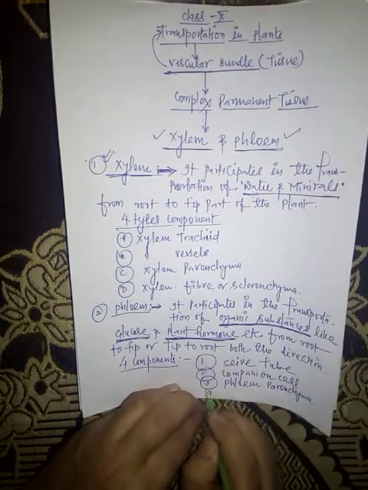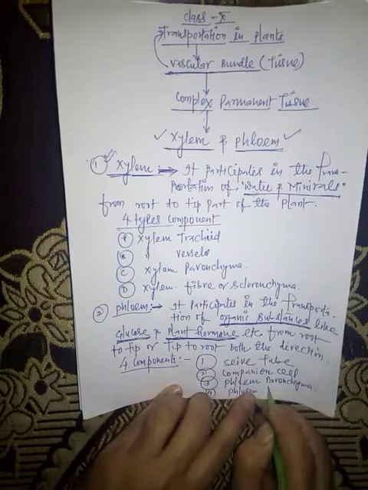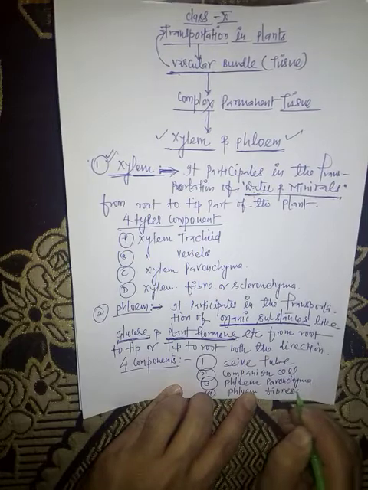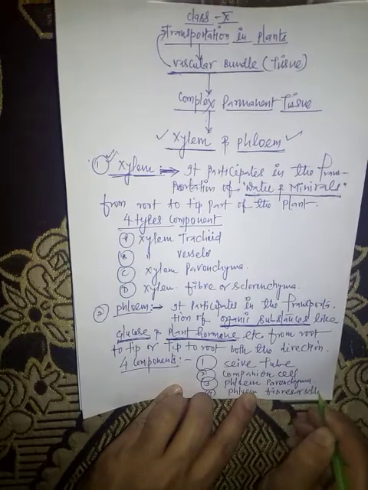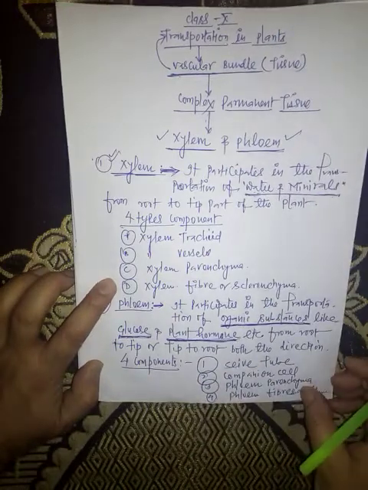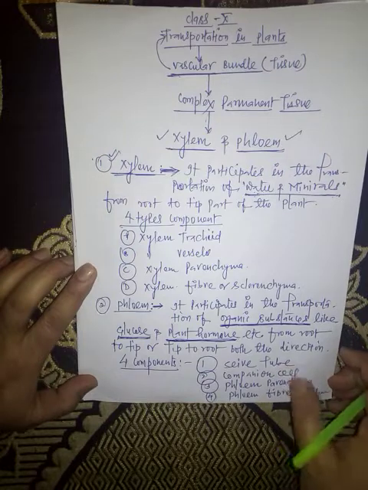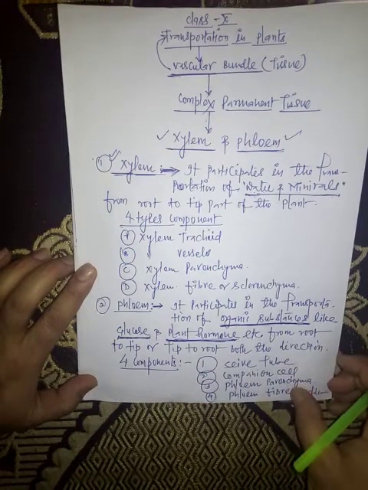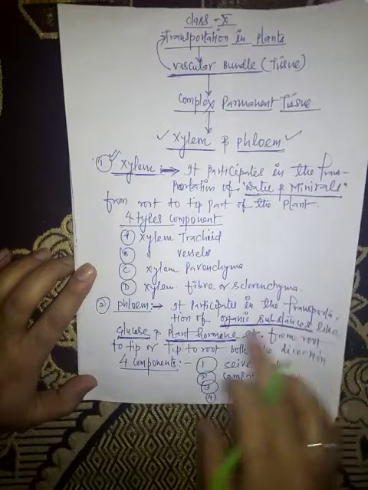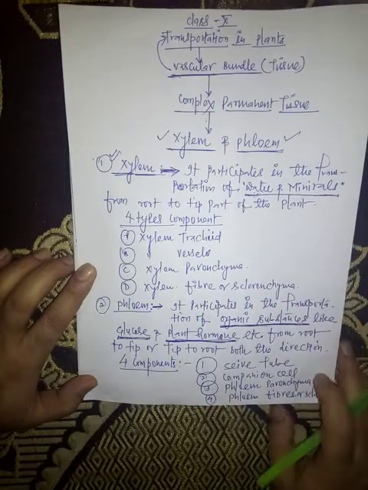Number 4, phloem fiber or sclerenchyma. Right, these are the 4 components of phloem. All these 4 types of cells combine together and form phloem, right? So this tissue helps in the transportation of organic substances, and xylem helps in the transportation of water and minerals.